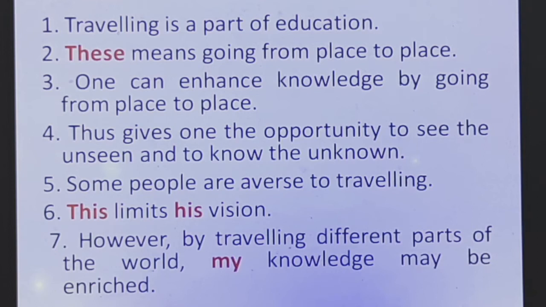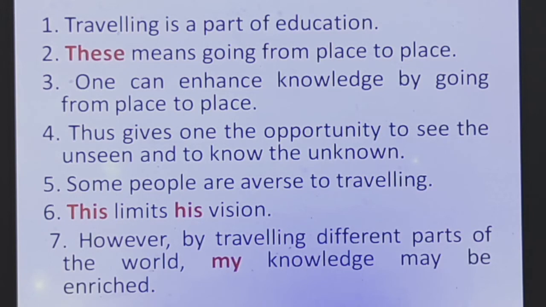Let's go to the third sentence. One can enhance knowledge by going from place to place. So it's true, there is no problem with this sentence. So let's go to the fourth sentence. Thus gives one the opportunity to see the unseen and to know the unknown. If you read the sentence carefully, you notice the subject is missing.